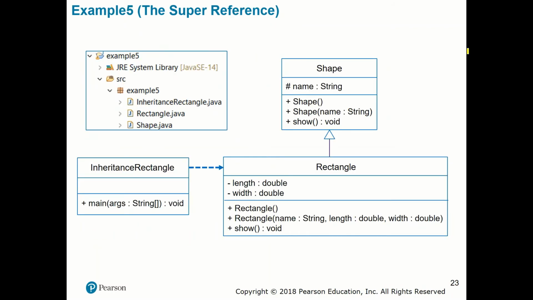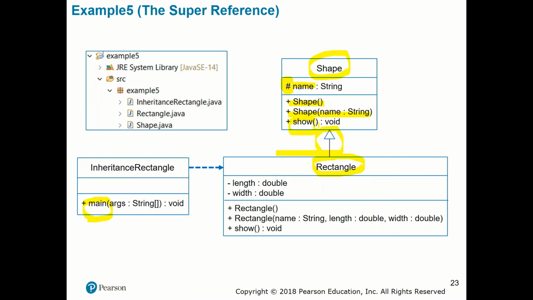Let's see this example. This example has the shape class as a parent class and the rectangle class as its child class. See here, this is an inheritance. And then inheritance rectangle is the driver class, which has the main method. The shape class has one protected member variable name, two constructors, and a show method.